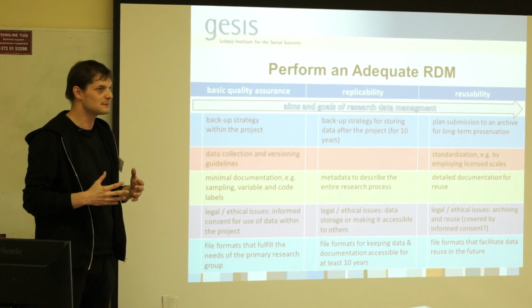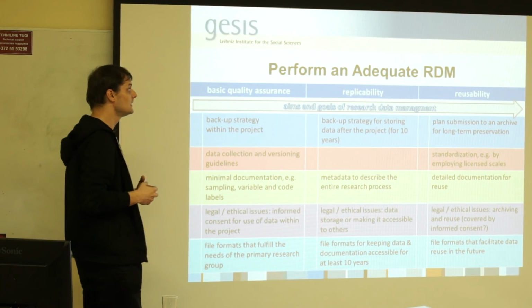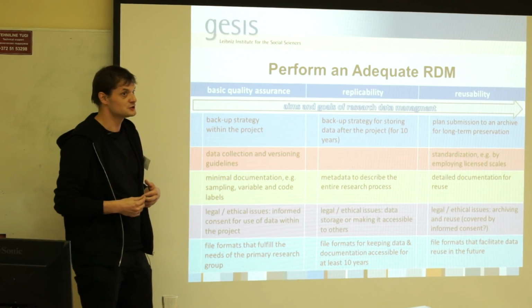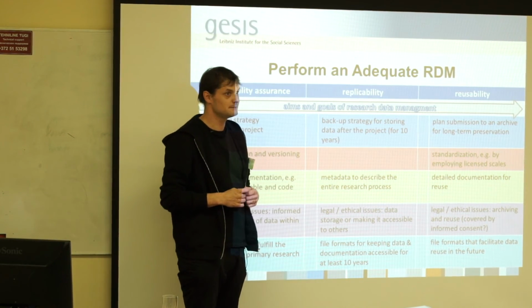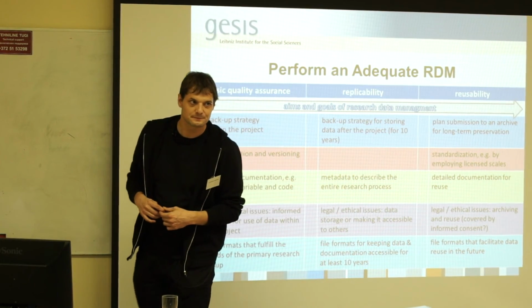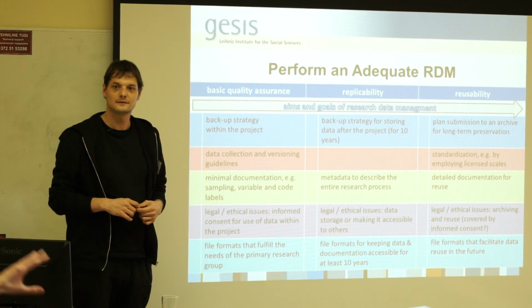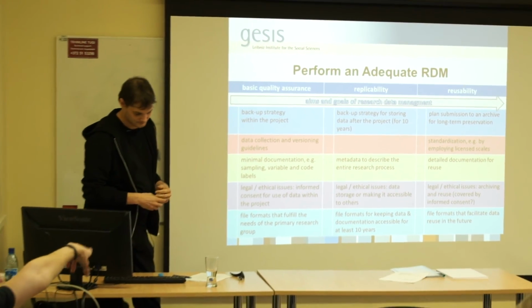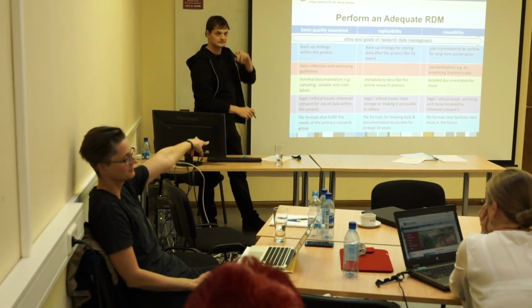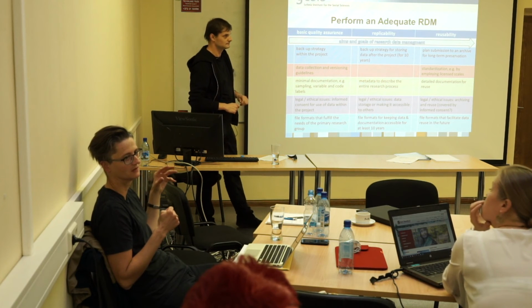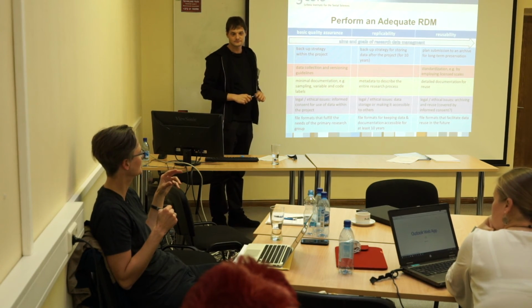You should simply think from the very beginning about what you are going to do with your data beyond the project. You should keep them, at least for replicability, but the best thing you can do, of course, is to share them with others. You can also match these 3 columns with the domains I mentioned at the beginning of my session.